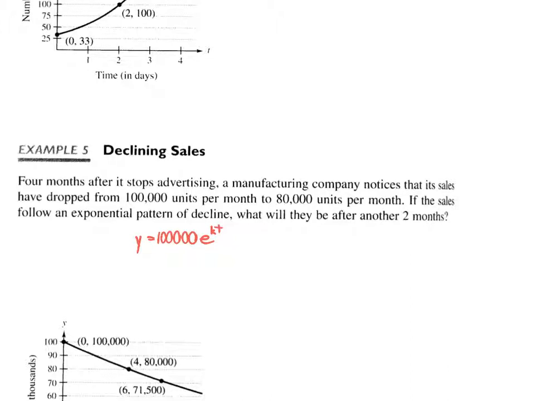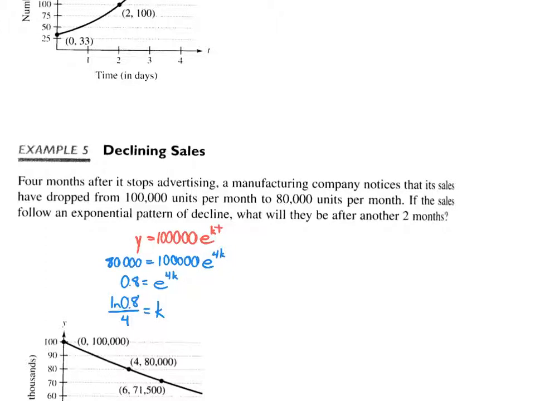So 80,000 equals 100,000 e^(4k). So you have 0.8 equals e^(4k). ln of 0.8 divided by 4 is the k.